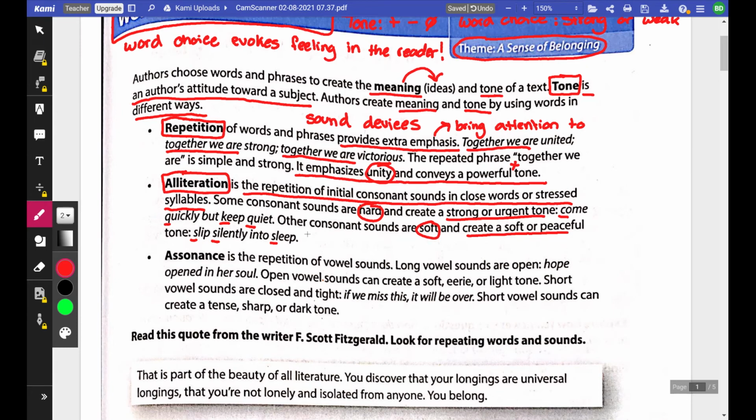So I'm going to make myself a note out here that says just because it has the same beginning letter does not mean that it has the same beginning sound.